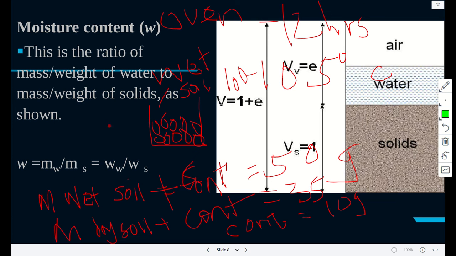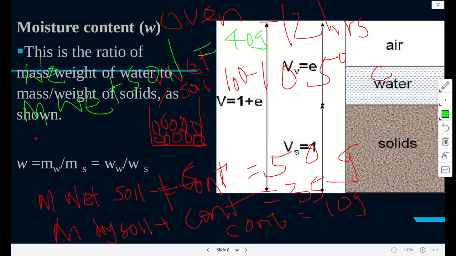So from here you can get the mass of wet soil. The mass of wet soil would be 50 minus 10, which is 40 grams.